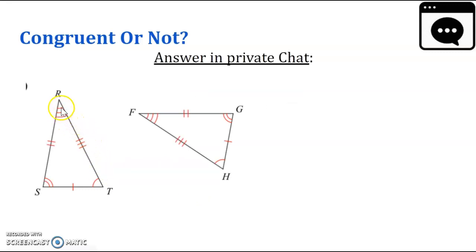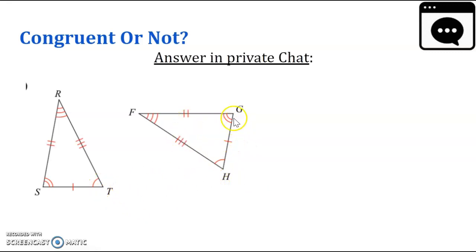Okay, remember, if you have the same number of arcs, it means that these two, angle R and angle F, are exactly the same in measure. Angle S and angle G are exactly the same in measure because they both have two arcs, and angle T and angle H are exactly the same in measure because they both have one arc.